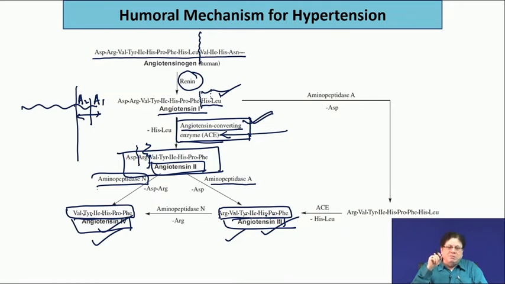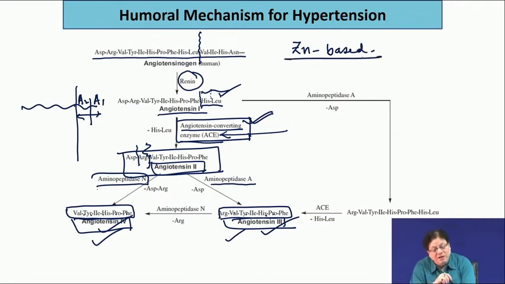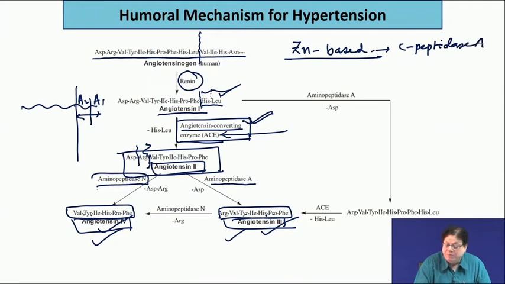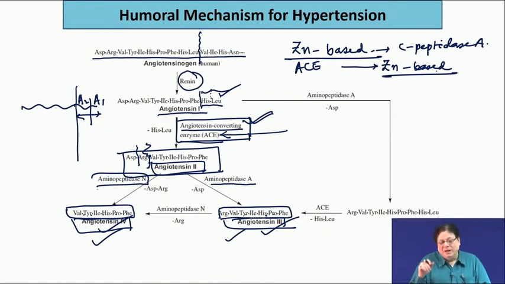The well known enzyme whose crystal structure was known in those days was carboxypeptidase A. It was known that carboxypeptidase is a zinc based enzyme, and they found that this ACE, angiotensin converting enzyme, is also a zinc based dicarboxypeptidase.